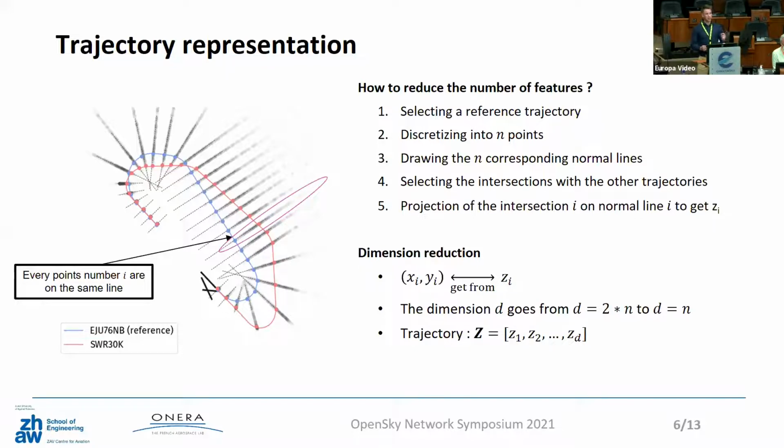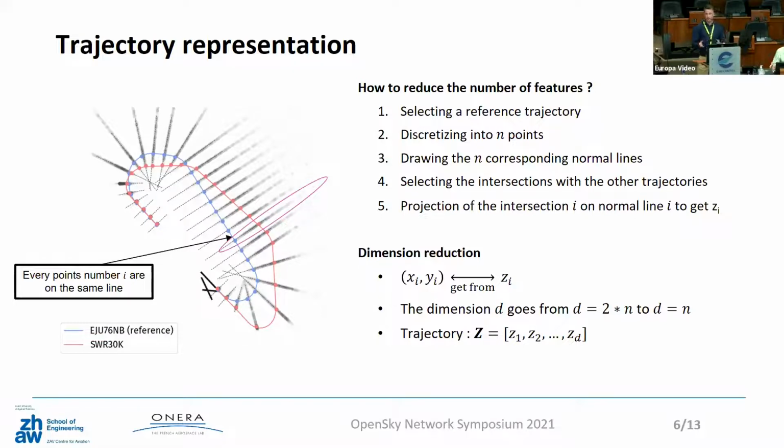And then we project those intersections onto the corresponding normal lines to go from a 2D representation of a point to just a scalar. So as a result, we have something represented as in the slide. Every point number here is located on the same line, so this is very intuitive.